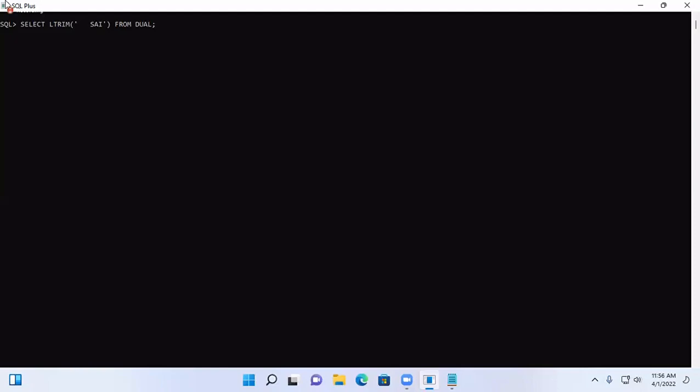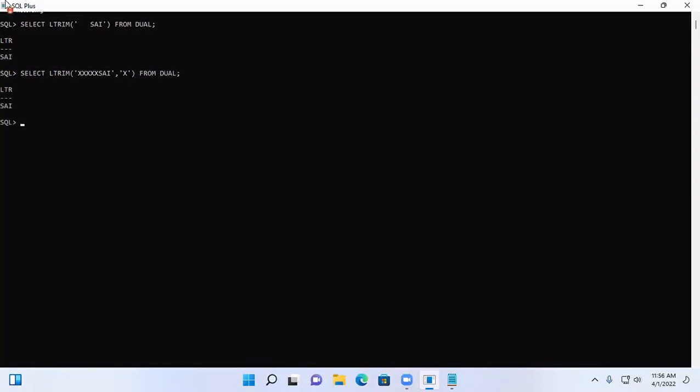So for Sai, on the left side we have some space, and whatever unwanted spaces or characters are on the left side are removed here, displaying only Sai. If you want to understand whether it is removed or not, then you have to send some wanted character and give Sai, and which unwanted character here, X. So that X I want to remove from my table.